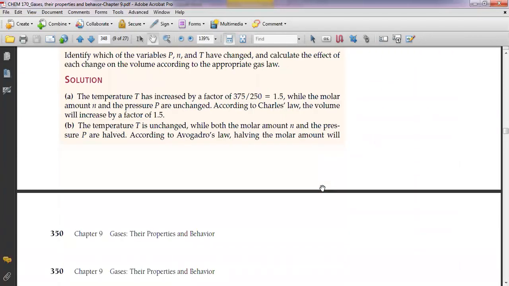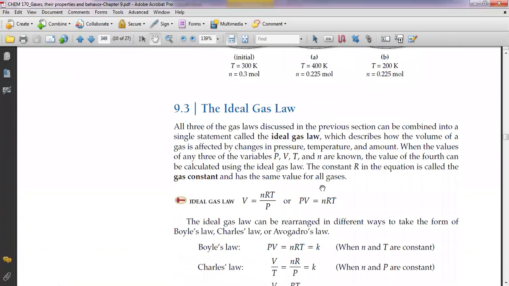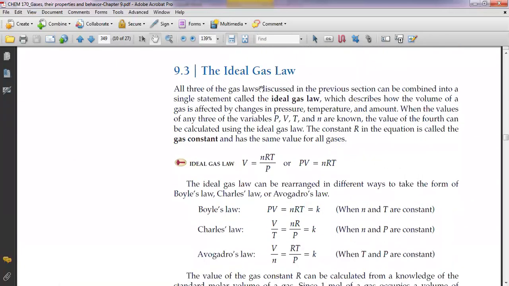The last point of this topic: you can merge all these three laws and you will get an equation. That equation we call the ideal gas law equation. Volume is inversely proportional to the pressure according to Boyle's law, volume is directly proportional to the number of moles according to the Avogadro law, and volume is directly proportional to the temperature according to Charles law.